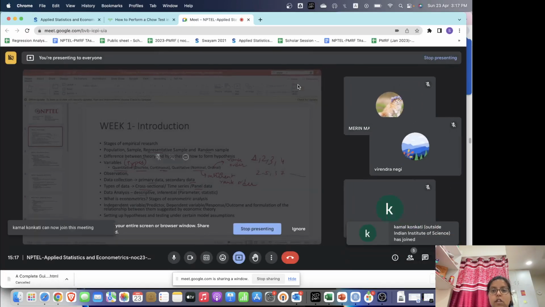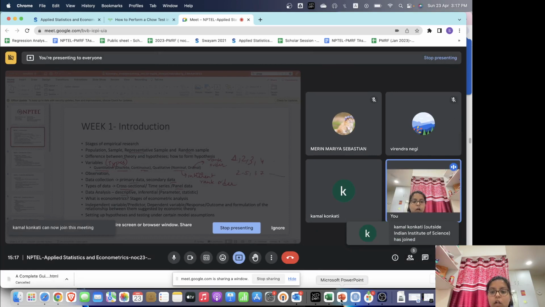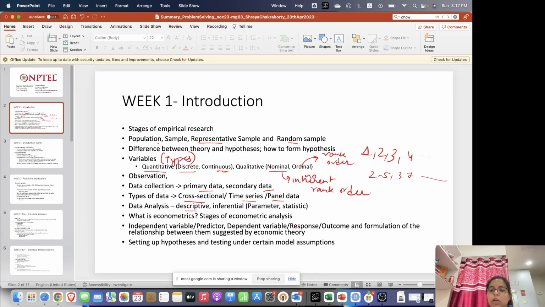And inferential is where we have a population in mind. So let's say this is my population, and we have a representative sample from the population.